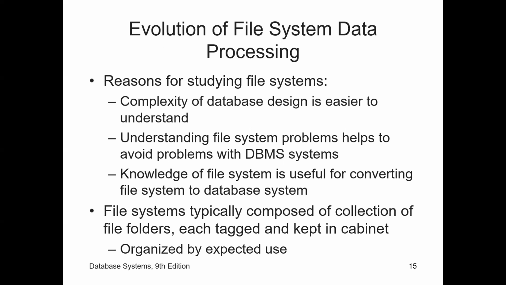Evolution of file system data processing. Understanding what a database is and what it does and the proper way to use it can be clarified by considering what a database is not. A brief explanation of the evolution of file system data processing can be helpful in understanding the data access limitations that databases attempt to overcome. Understanding these limitations is relevant to database designers and developers because database technologies do not make these problems magically disappear.